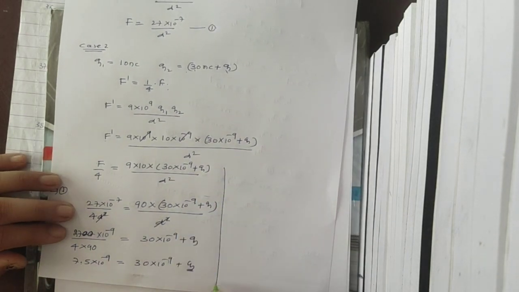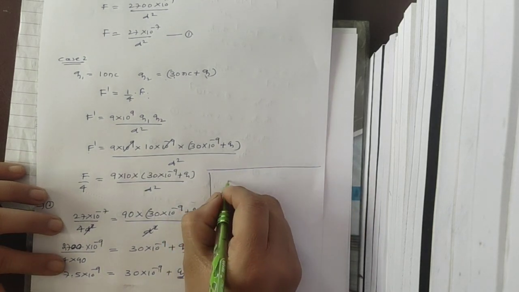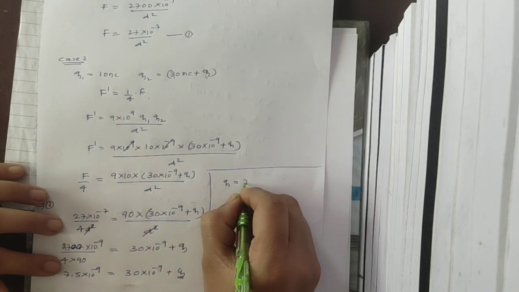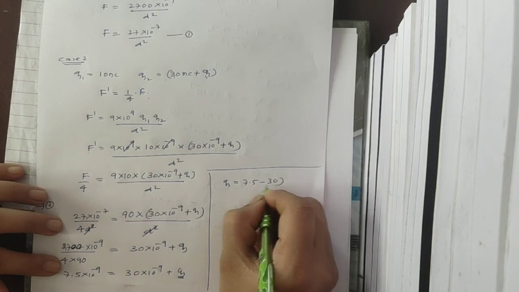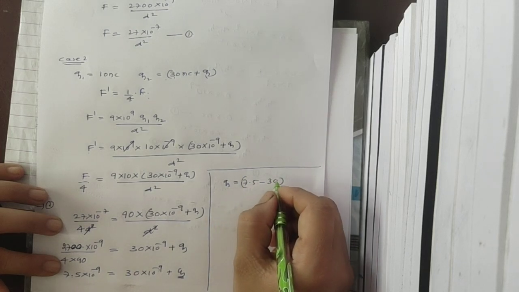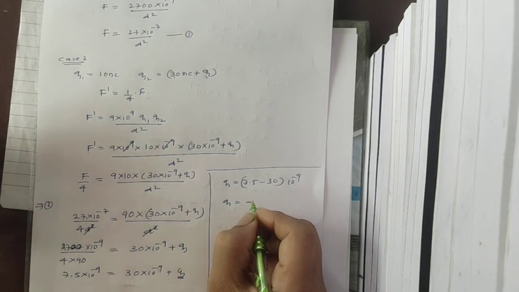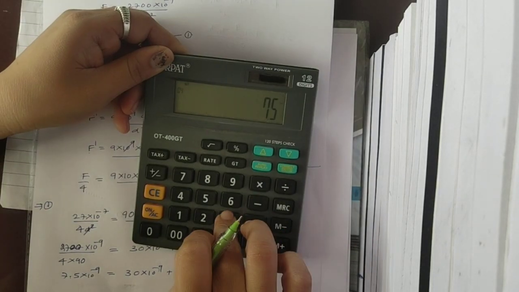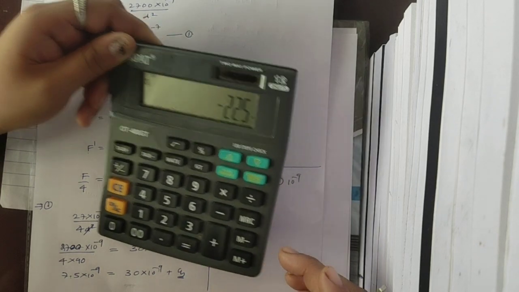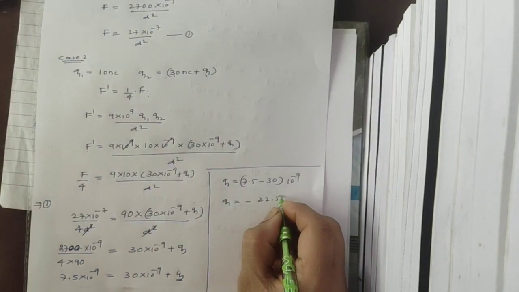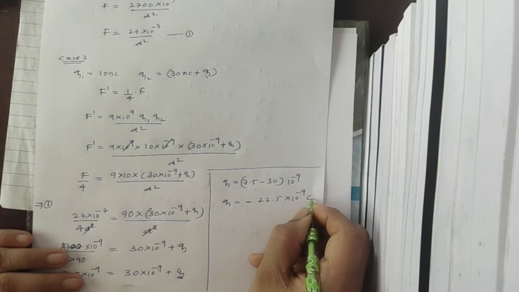Therefore Q equal to 7.5 minus 30. In both, 10 to the power minus 9 is common. So Q is equal to minus 22.5 into 10 to the power minus 9 coulomb.